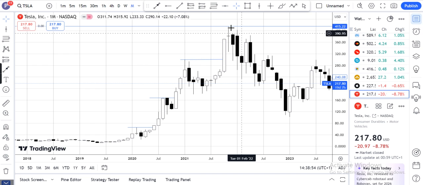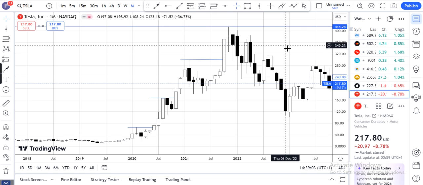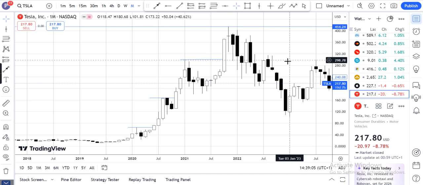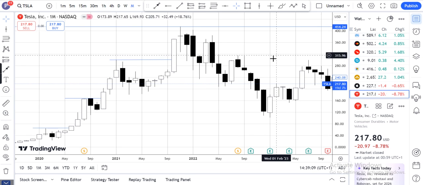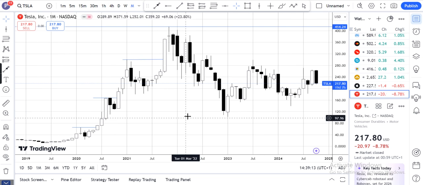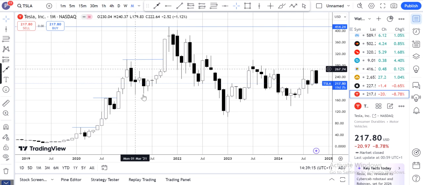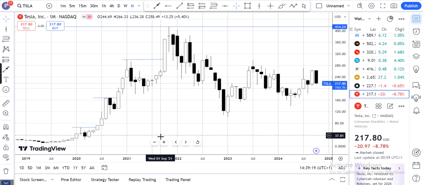Now, before we had the highest point the market got to on Tesla stock, let me bring it down. So I think that's it, 414. If we keep shrinking it down, I think we'll be able to adjust it to the main point, but that's not really the point we're trying to pick on here. Now, each of these breaks of structure created lows. You understand? Each of these breaks of structure created lows.